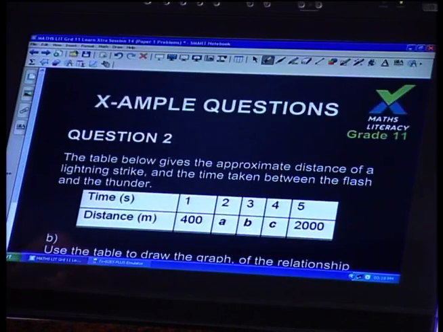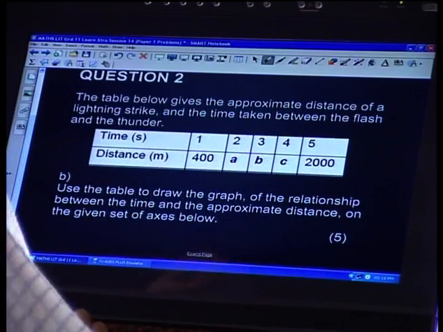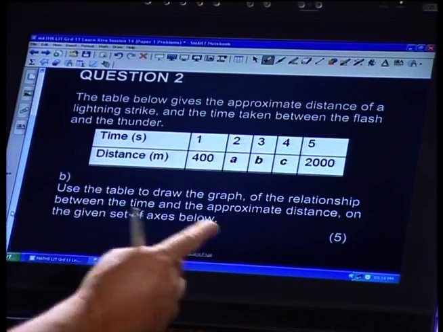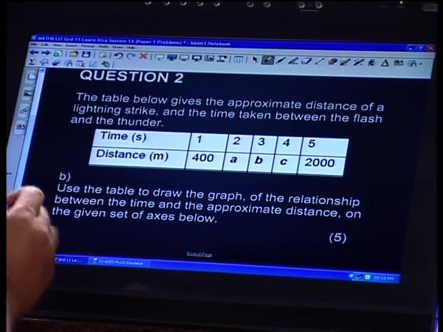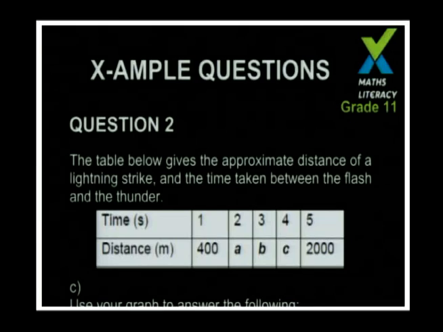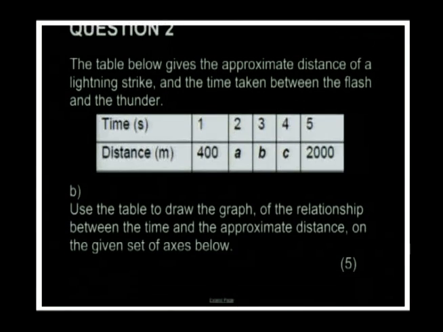Now, next question says this. Use a table to draw the graph of the relationship between the time and the approximate distance on the given set of axes. So let's go. Right. Don't have a set of axes. So what I'm going to do is draw a set of axes here. We've got a wonderful set of axes over there.